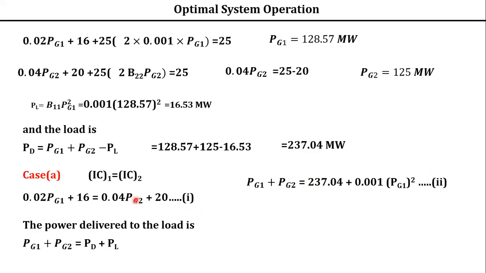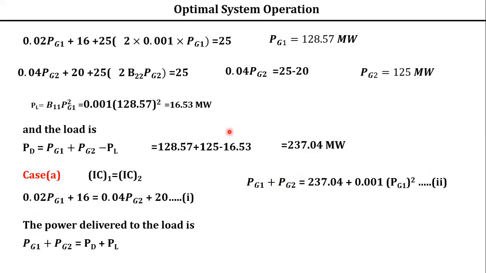That means you take the value of Pg2 from this one, so you will get the equation Pg2 is equal to (0.02 Pg1 plus 16 minus 20) divided by 0.04. Substitute here for Pg2, so you will get it in terms of Pg1. Solve for Pg1.